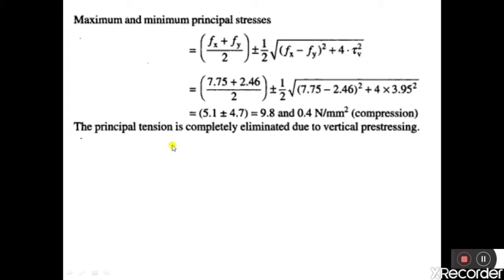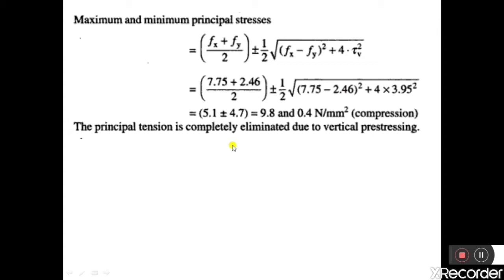Therefore the principal tension is completely eliminated due to vertical prestressing. So there is no principal tension or diagonal tension developed in the member due to the application of vertical prestressing. In our previous examples we were getting the maximum value as positive and the minimum stress value as negative.